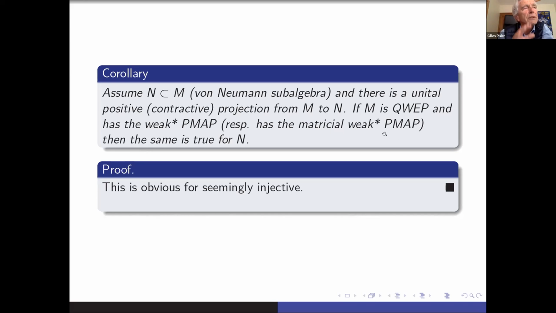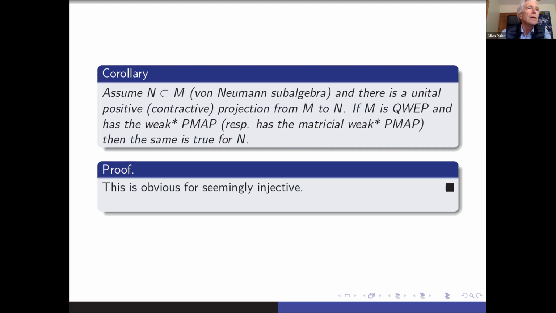Nevertheless, this is true. And this phenomenon is parallel to the situation with Connes' theorem, because when you consider exactly the same situation and you assume that M has the weak star CPAP, the completely bounded analog, then you conclude that N has the weak star CPAP, and this is not something formal.